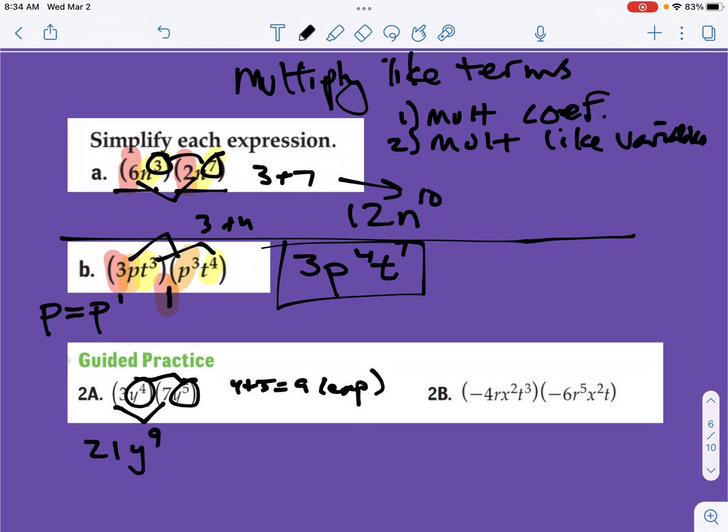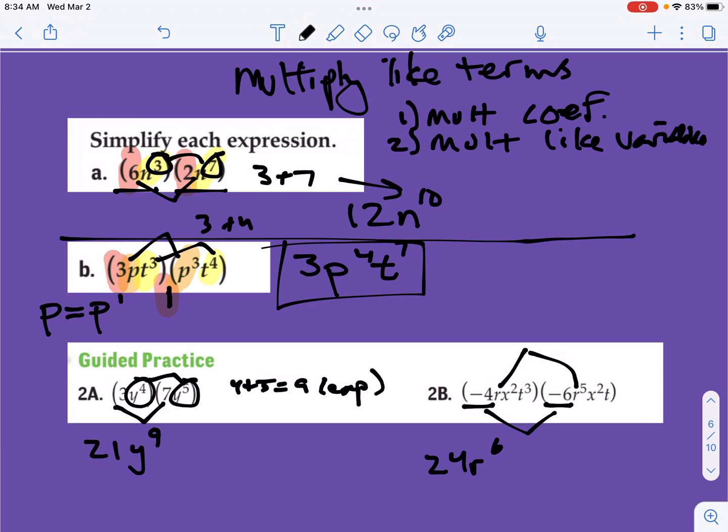2b is the same thing, right? Let's do our numbers first. So we have -4 and -6, so we'll multiply those and we get positive 24. Let's do r. We've got an r there, and we've got r to the 5th here. So remember this r, even though it doesn't have an exponent listed, it's 1. So it's 1 plus 5, so it's r to the 6th. That's a really common mistake I see people do.